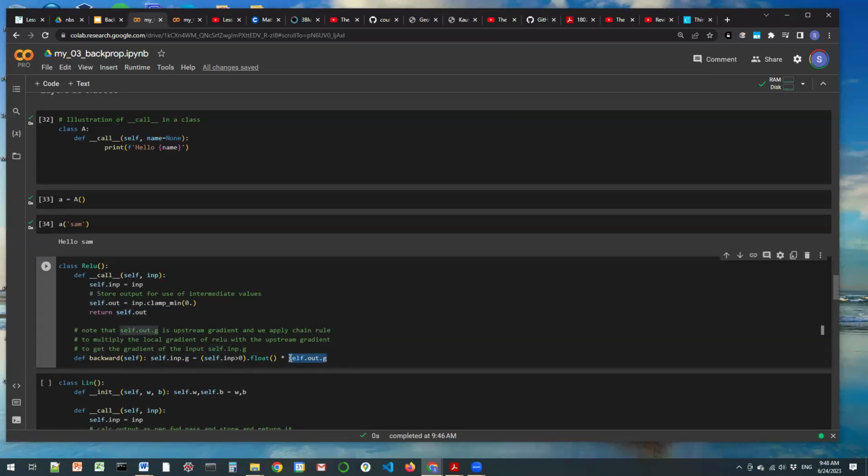And we already know that self.out is the output that we have stored, and its .g attribute will be the upstream gradient that we have computed.